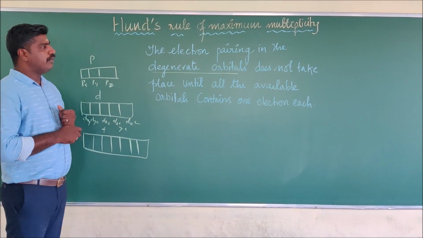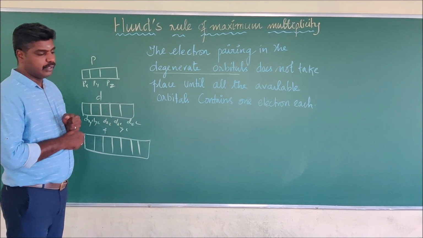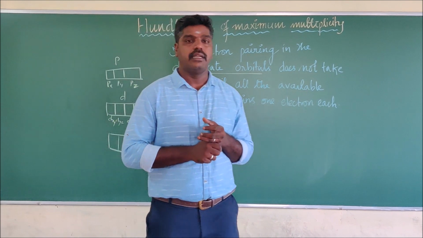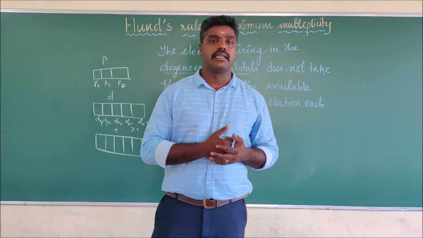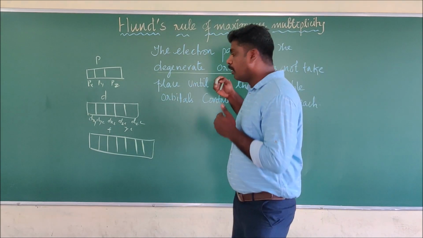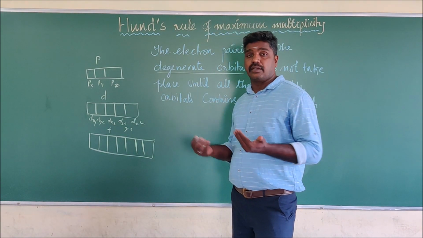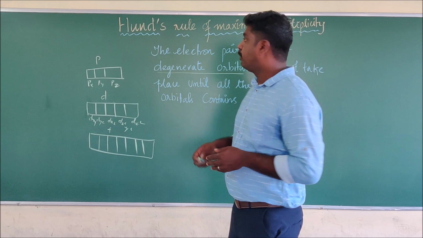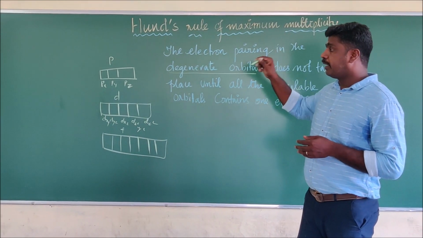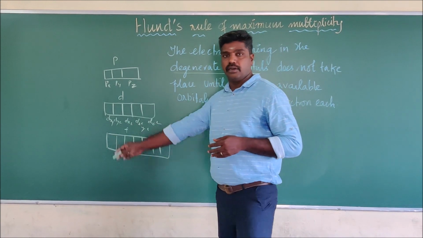While filling electrons in orbitals, Aufbau gave an idea to fill from lower level to higher level, but he doesn't tell us how to fill electrons in degenerate orbitals. That is very important. So here Hund explains how to fill electrons in degenerate orbitals.